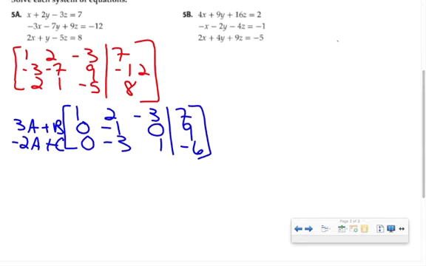In my next step, once again, in order to conserve your paper, I'm going to do 2 steps at once. I'm going to be leaving the second row alone, but I'll be using it to make this a 0 and this a 0.